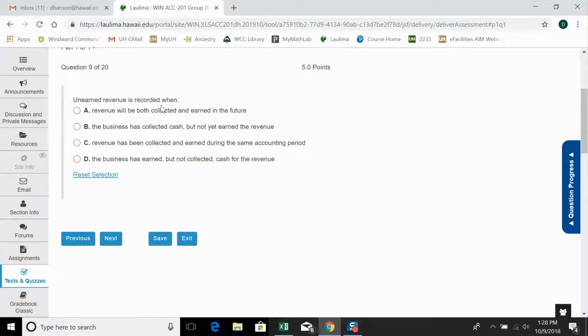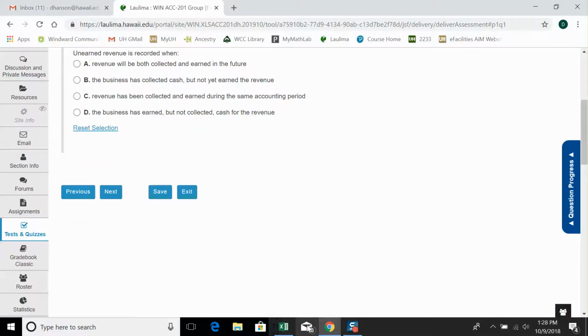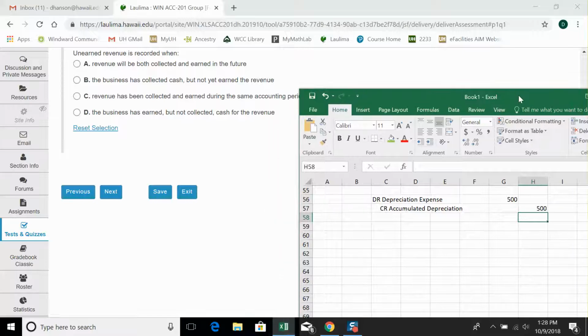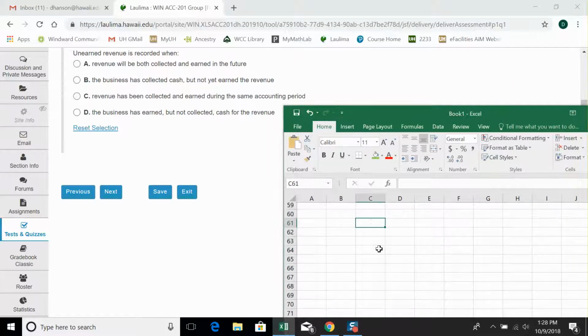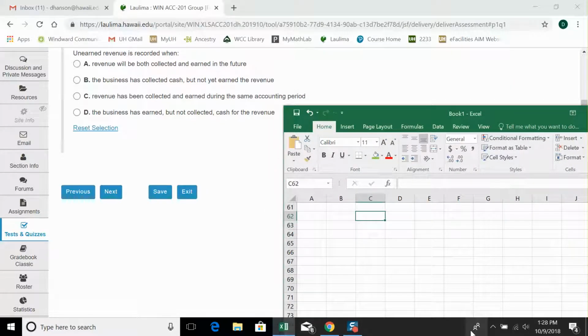Unearned revenue is recorded when? Okay, so you have to think about unearned revenue. When does unearned revenue get involved? Well, if you receive cash in advance of the goods or services that you're going to provide.